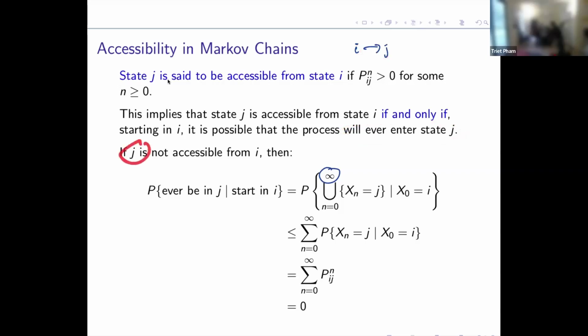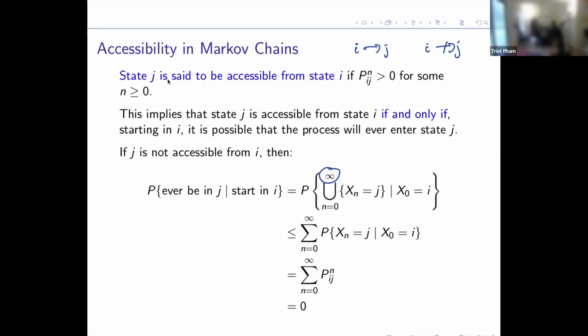If not accessible, then the probability you ever get to j starting at i, notice this is just, the probability of a union is less than or equal to a sum, because of the inclusion-exclusion formula. But all these are zeros, by assumption. So that's 0. Okay, so far.